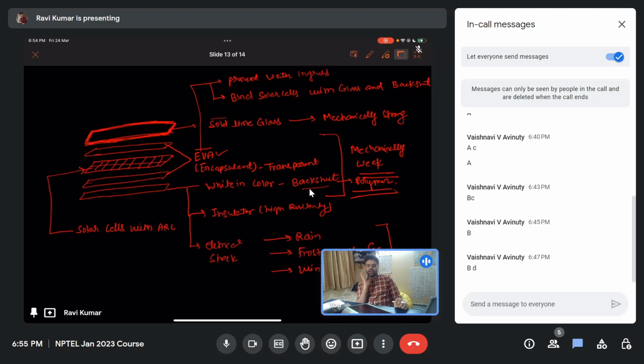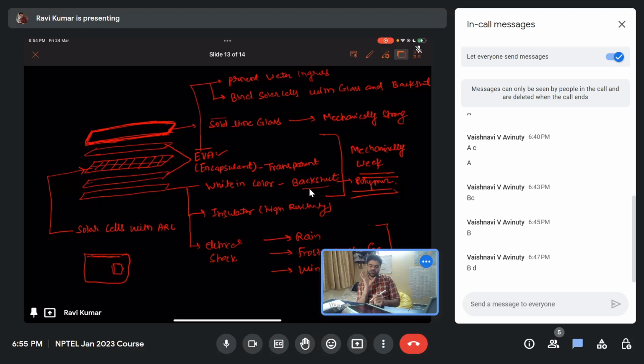Next time, whenever you get a chance to see a solar module, just look carefully. If this is a frame and this is a junction box, you will see some EVA outside.